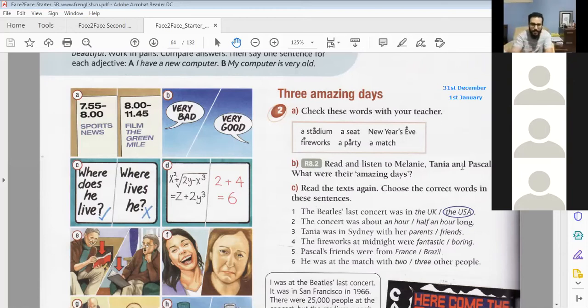Graduation celebration. Congratulations is similar in pronunciation. Congratulations is the act of congratulating. Graduation, this is when you finish university. So many students, when they finish university, they usually have a graduation party, right? So graduation party.